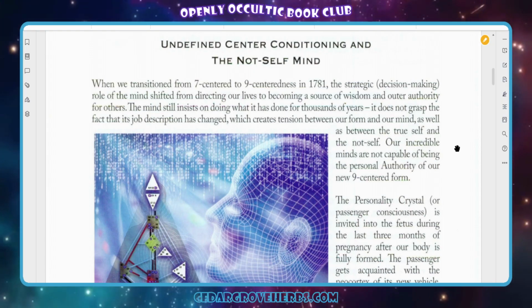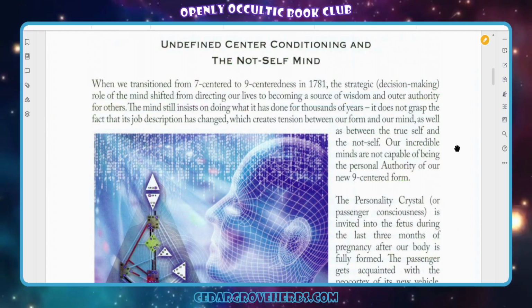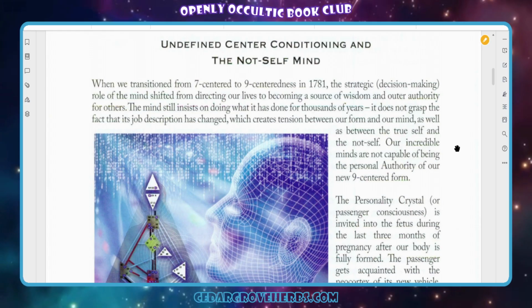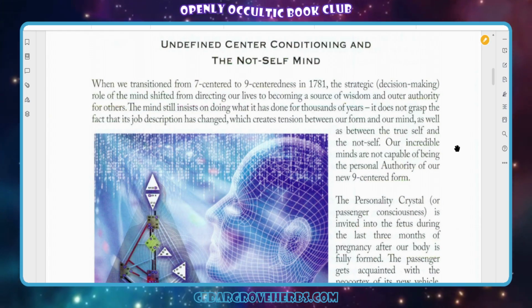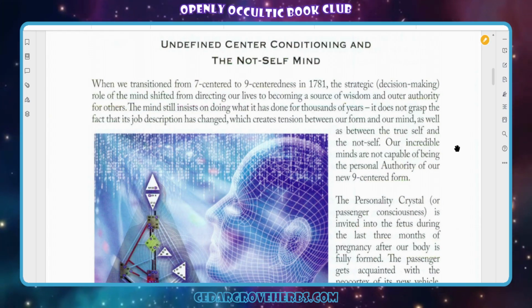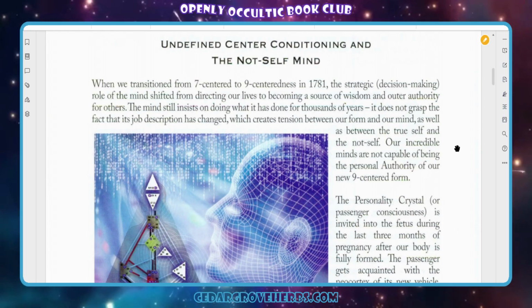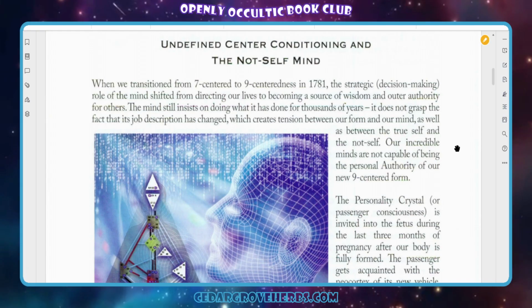This is astronomy talk. I don't know about all that. I don't know who changed from seven-centered to nine-centered. I hear him, what he's saying. And then anyway, he says a voice told him all this, and he wrote it down over 8 days while this voice was dictating to him what to write.